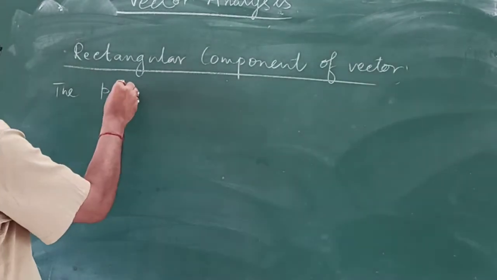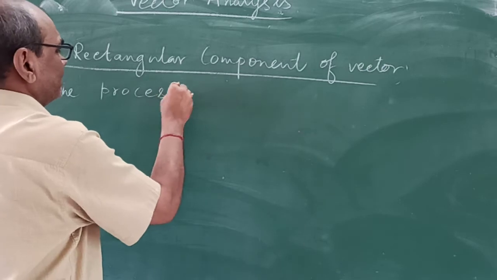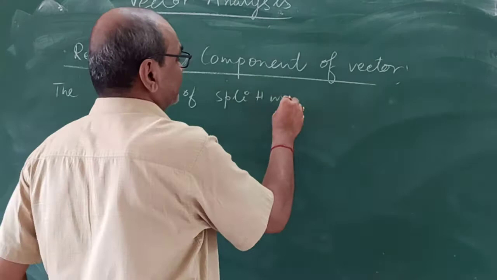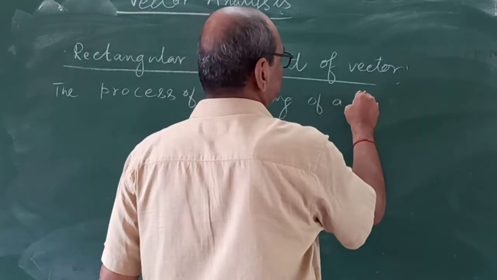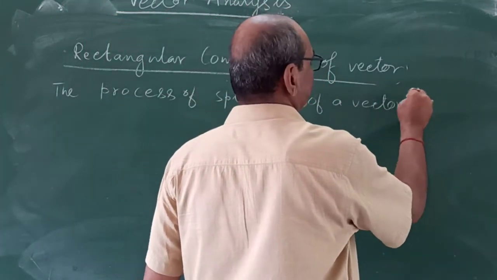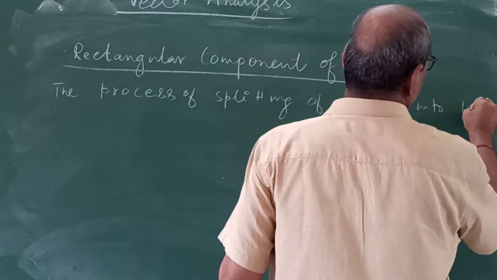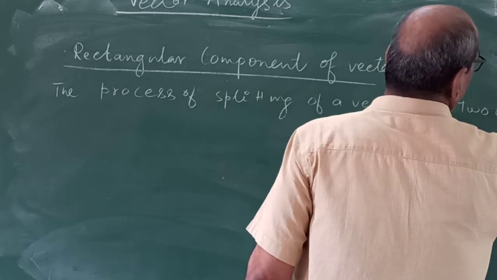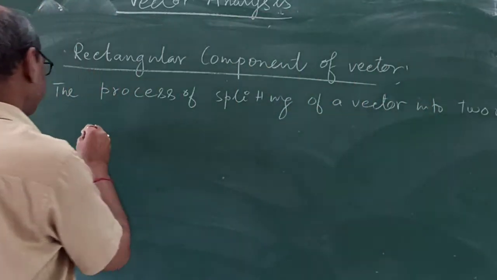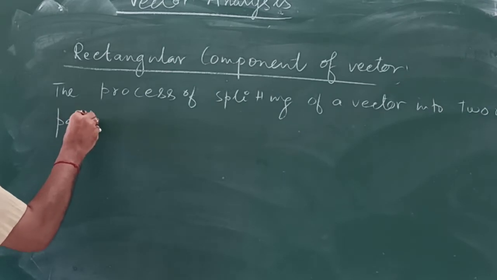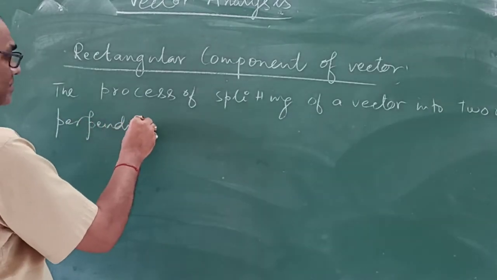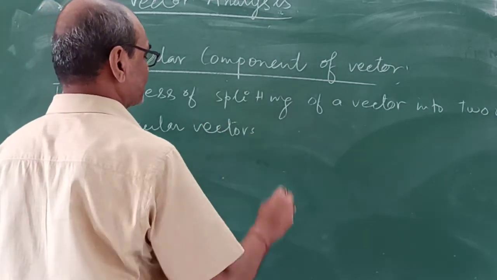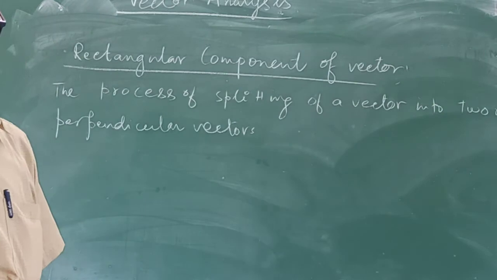The process of splitting of a vector into two mutually perpendicular vectors.